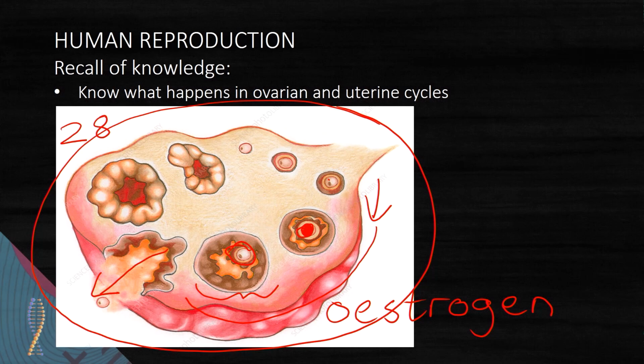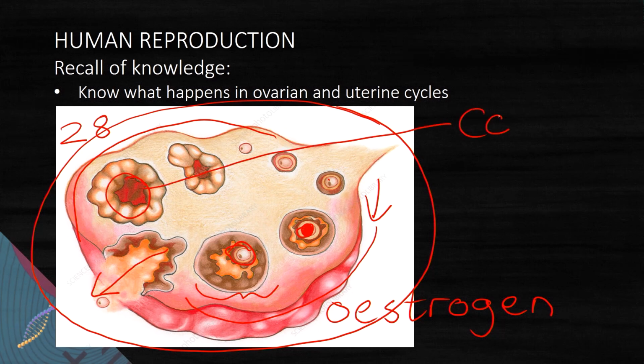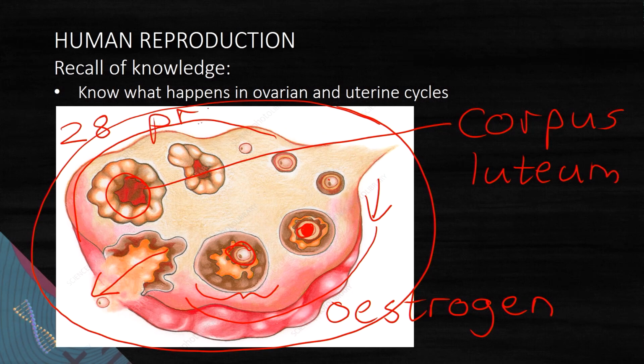Once ovulation has occurred, the second part of the cycle is controlled by this body, which is the corpus luteum. It produces the hormone progesterone.